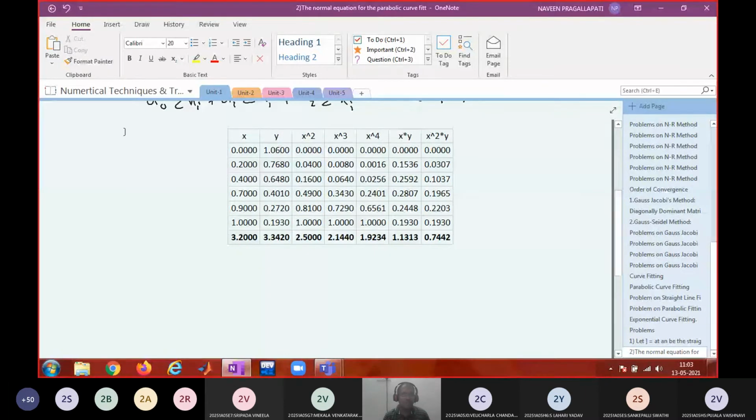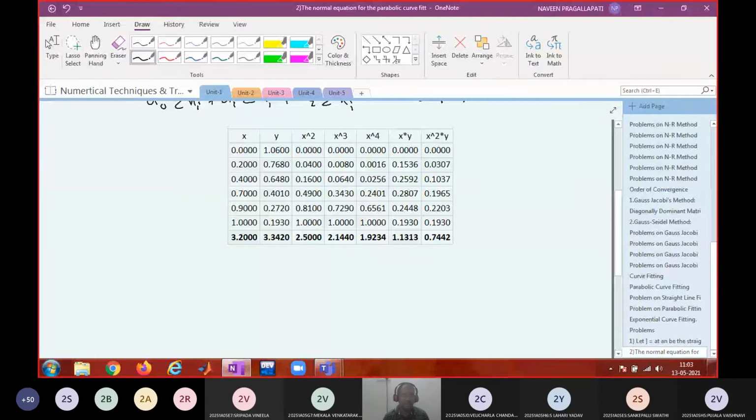So how many data points are there? 1, 2, 3, 4, 5, 6 data points. So 6 A0 plus A1 into sigma xi, that means 3.2 into A1, plus A2 into sigma xi square, that means 2.5 into A2, equal to sigma yi, 3.3420.